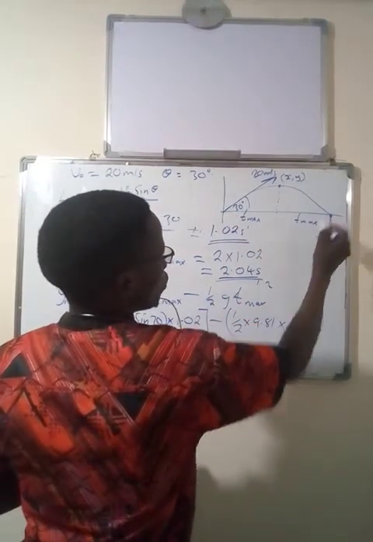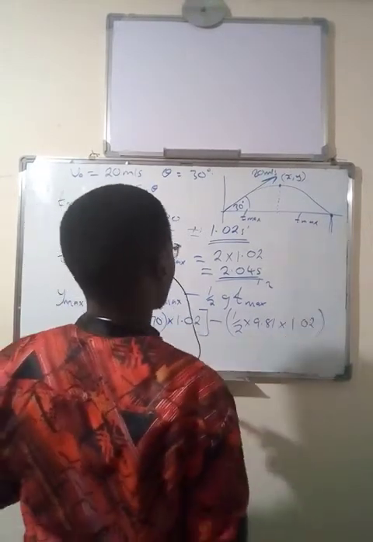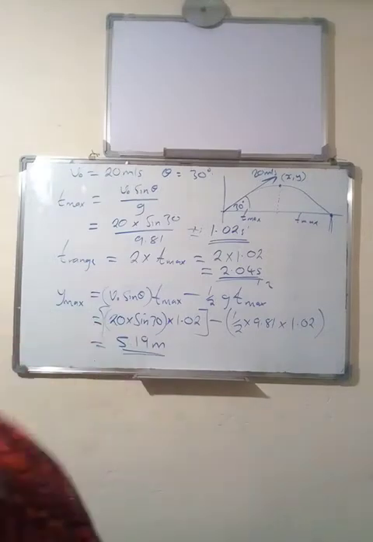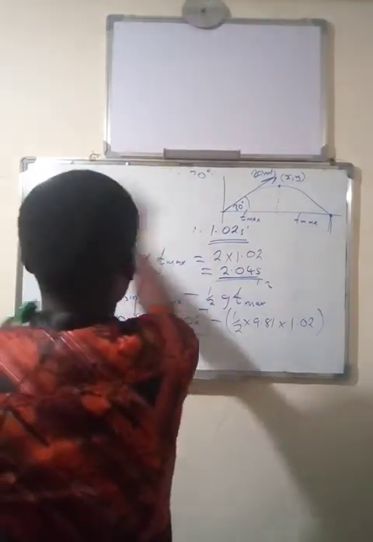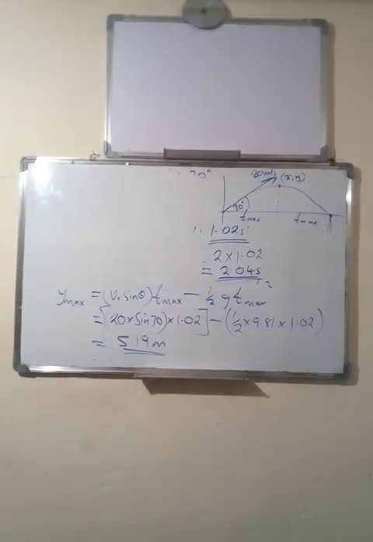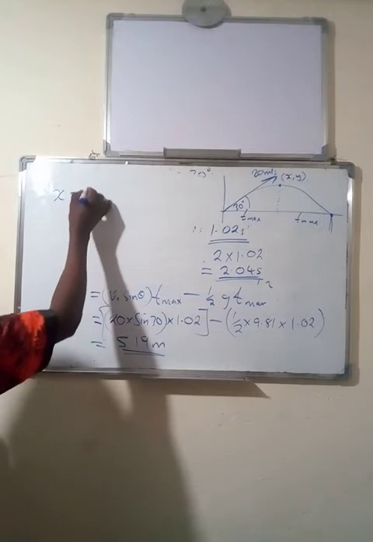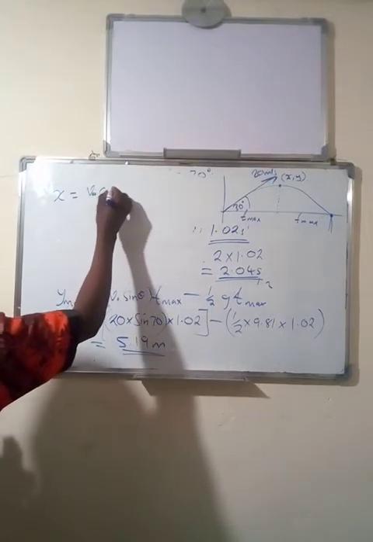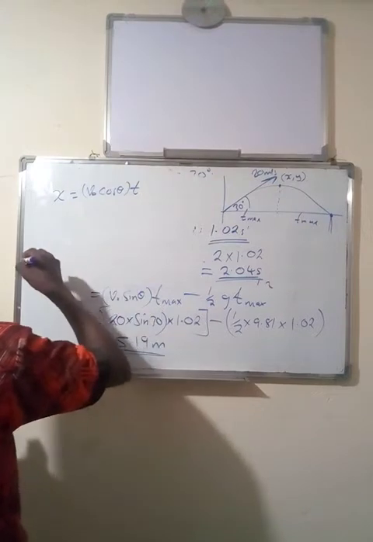So that is x, the value of x there. So remember, we said that the x coordinate at any point is calculated using the formula x is equal to v initial cos theta multiplied by T. Now in this case, we are trying to look for x range.